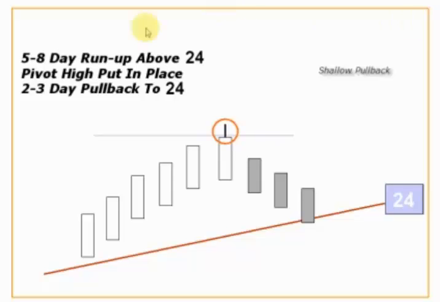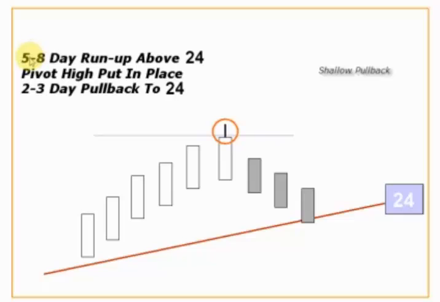The first thing with a shallow pullback is we're running above the 24. That's how strong this stock is. The 24 SMA is above the 75. They're both sloping up, and the price is running hard above that 24.